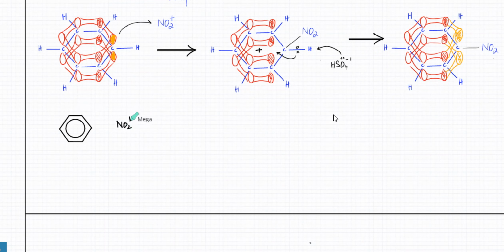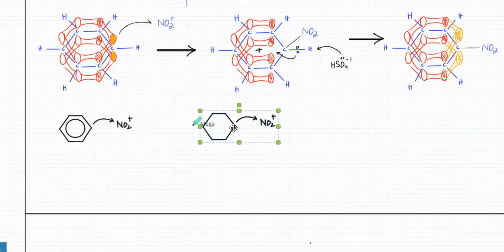The NO2 plus is going to be interested in benzene's electrons. And the next step would be that this benzene electron cloud would become partial. There's not going to be an electron cloud on the last carbon atom.